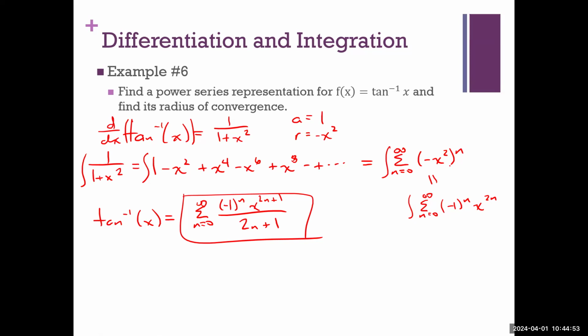Basically, we were alternating in the wrong way last time. If n equals 0, what do I get? x squared over, yeah, x squared, right? First term should be positive x squared.